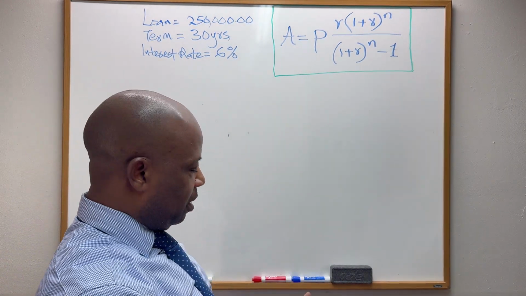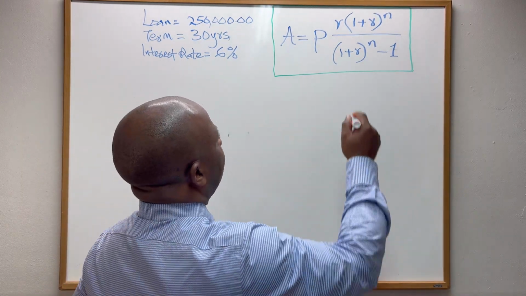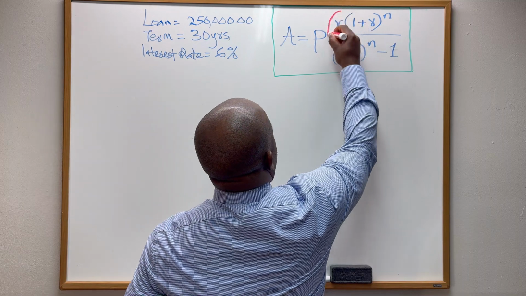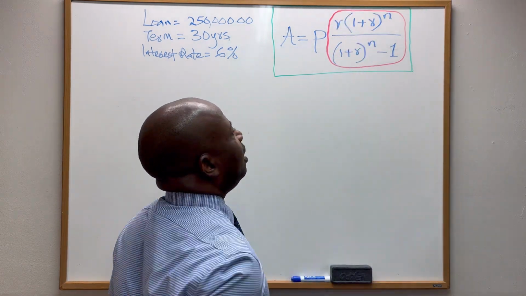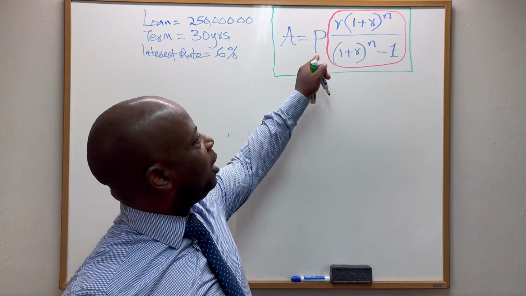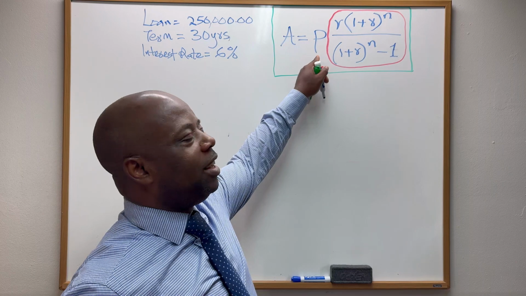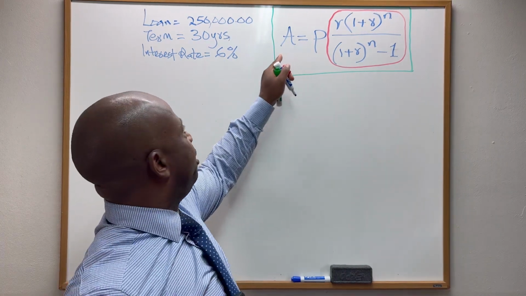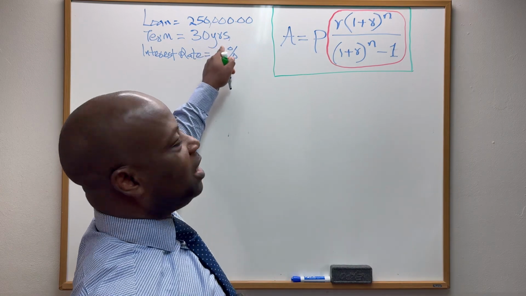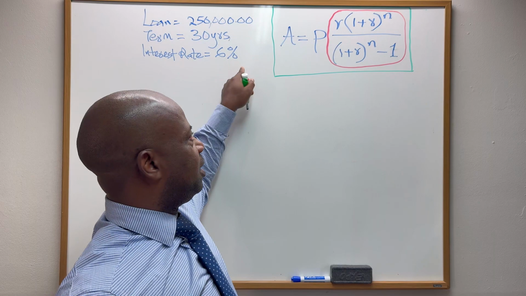Now, from this formula, we can see that if we obtain this value, we can multiply it with any loan amount, P, to get the payment for a 30-year loan and interest rate of 6%.